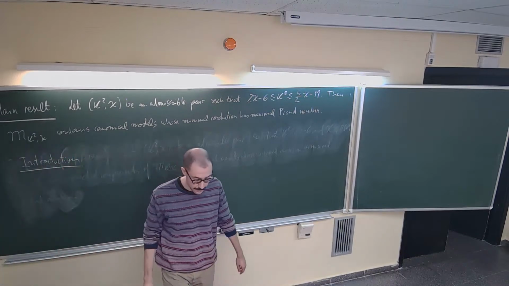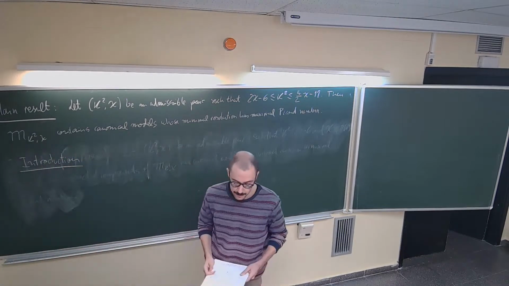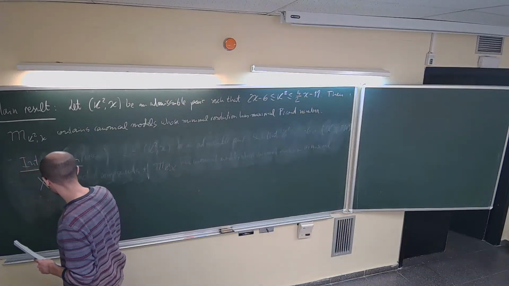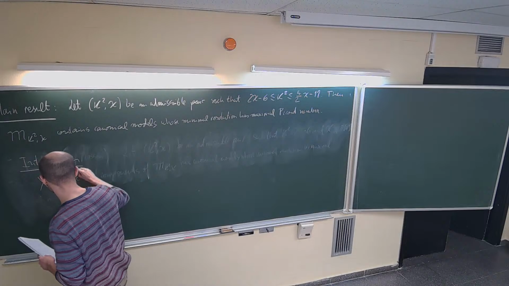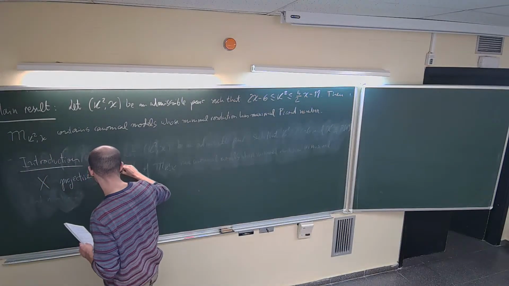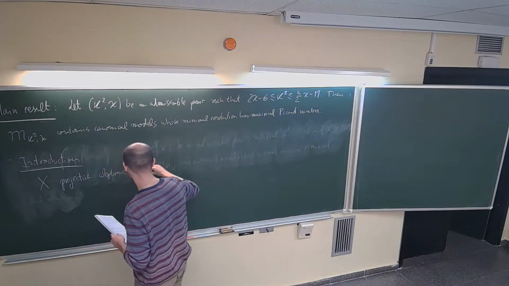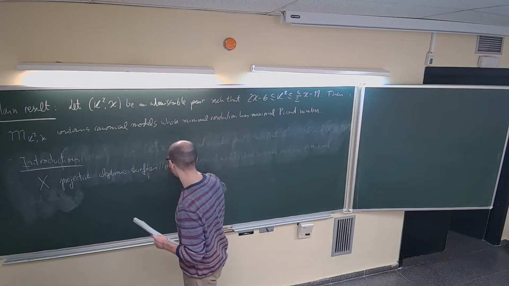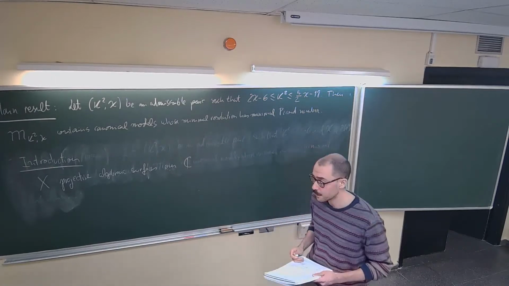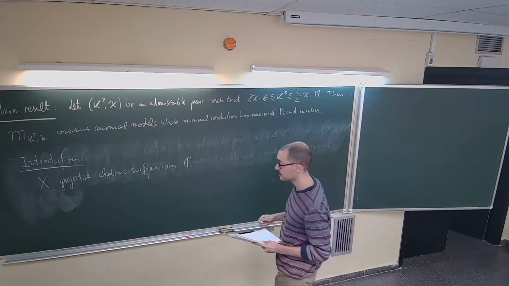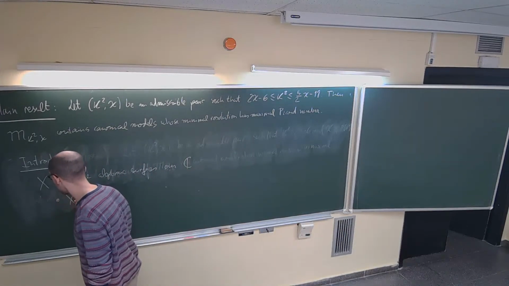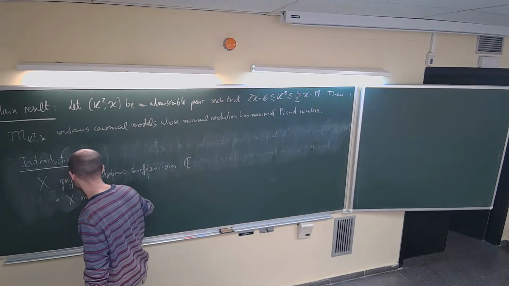Okay, so first of all, let us say what are the objects that we are going to work with. Okay, we are going to work with projective algebraic surfaces over the field of complex numbers, and we are going to impose two more things on these surfaces. The first thing we want to impose is that we want X to be minimal.